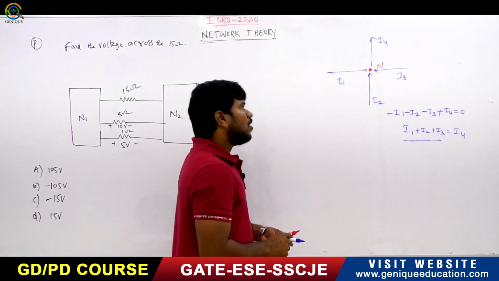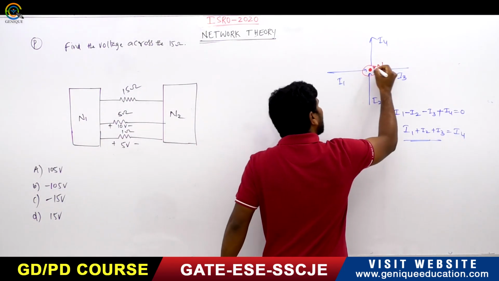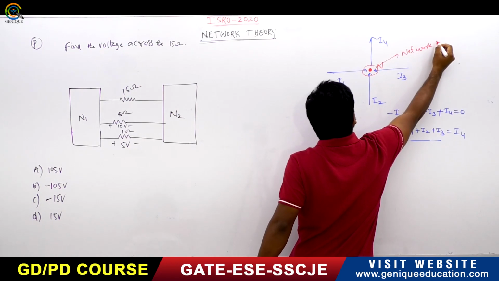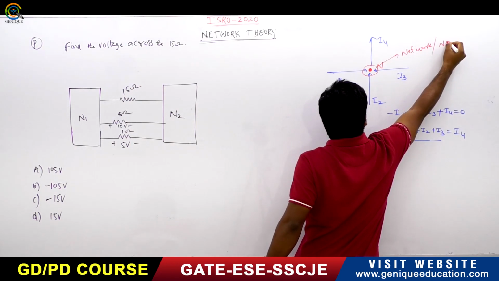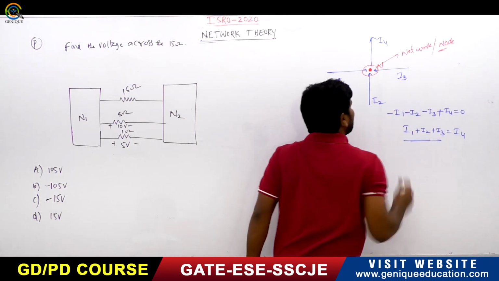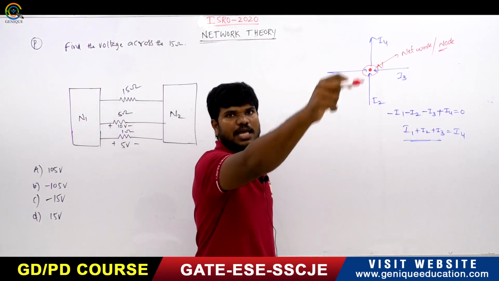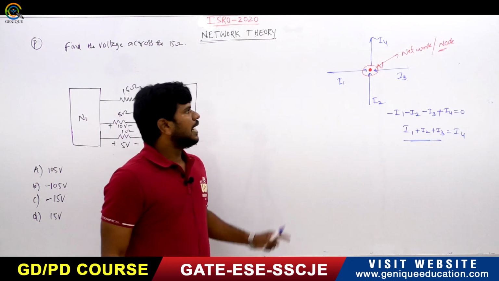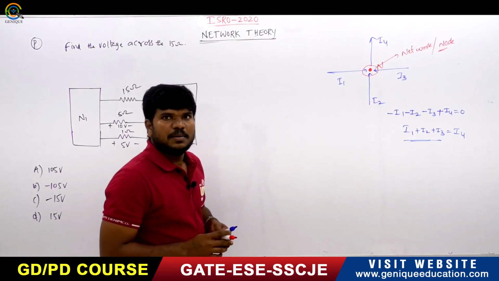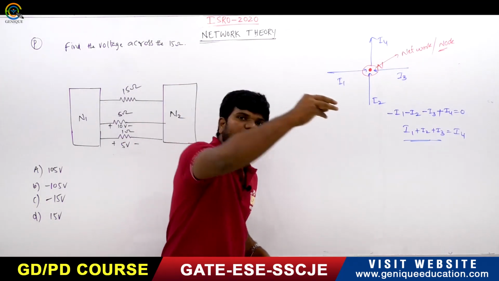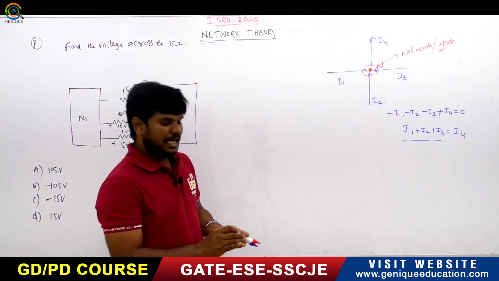So for any network or any node, the entering current into the node is equal to the leaving current, or the entering current into the network must be equal to the leaving current.